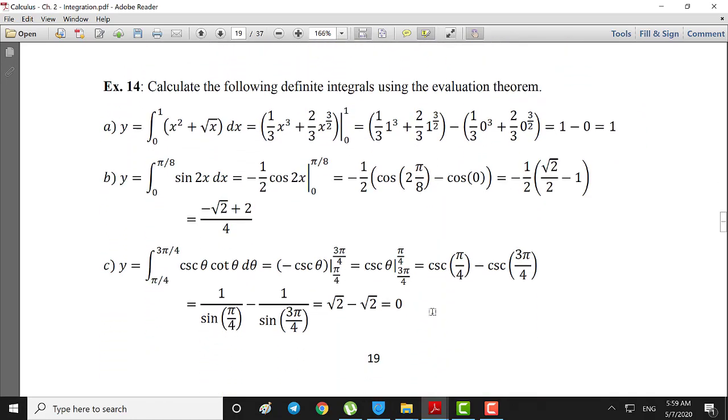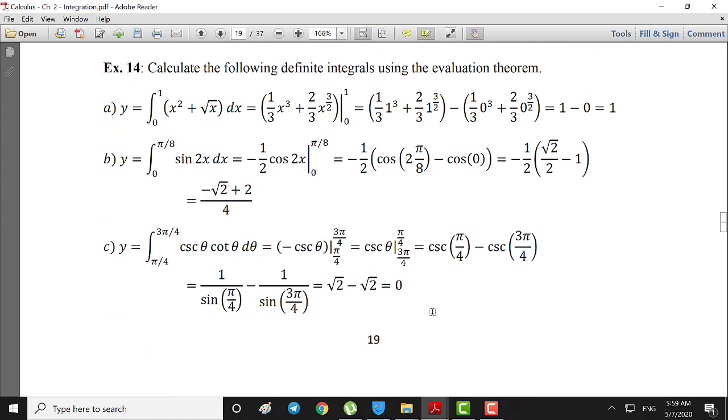Now, let us see some examples. Calculation of definite integrals has become easy for us. We have to calculate an antiderivative for the integrand and evaluate that at the upper limit and at the lower limit. Part A says y is equal to the integration from 0 to 1 of x squared plus square root of x dx.